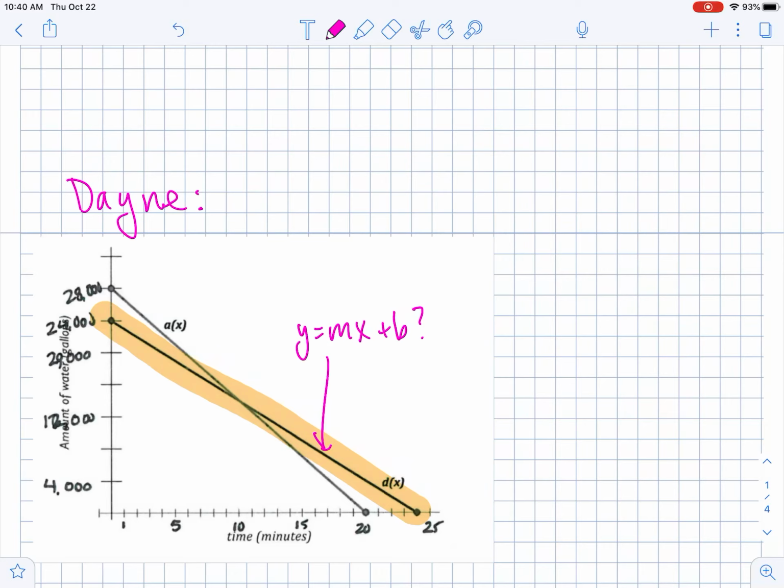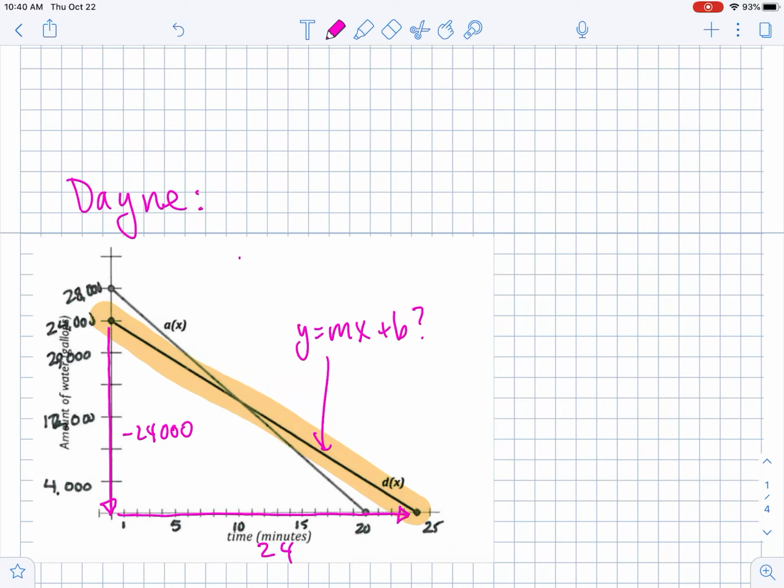Now, remember that m is the slope. There's a couple ways you can think of this. Slope is the constant rate of change, which we already know: his pool's draining at 1,000 gallons per minute. If you look at his slope triangle from this point to the next point, it goes down 24,000 and goes over 24.